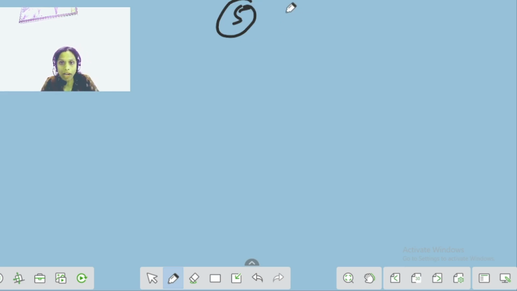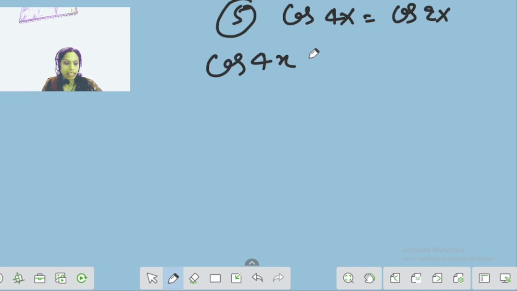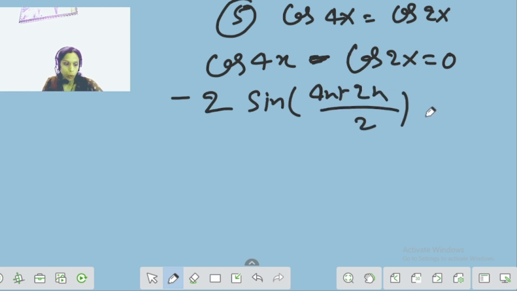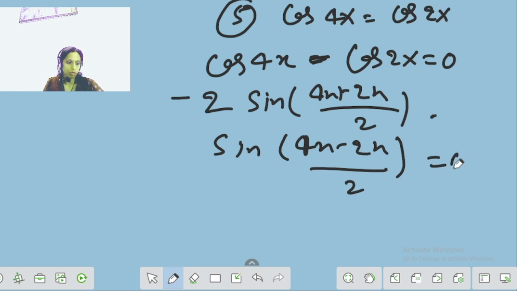What question number 5 is saying is cos 4x minus cos 2x is equal to 0. Means 2 sin((4x plus 2x) by 2) into sin((4x minus 2x) by 2) is equal to 0.